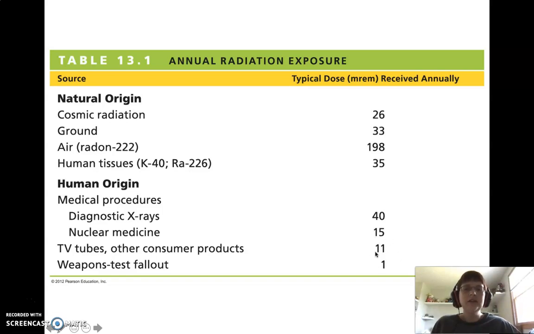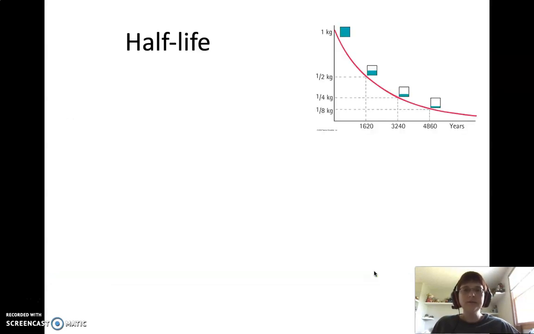There's our TV and other consumer products. This is TV tubes, which is not as common anymore, the old style TVs. And then we all are exposed to about 1 millirem of radiation from the nuclear weapons testing fallout that happened when they were doing those weapon tests in the 40s and 50s. So yeah, we still have those left over as well.